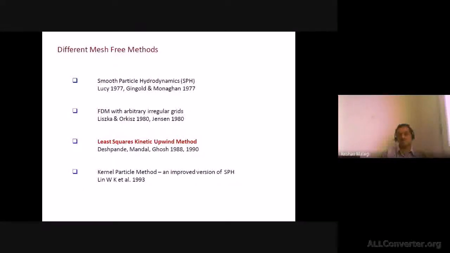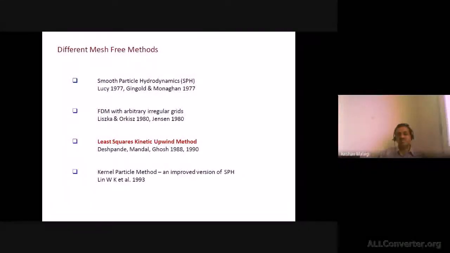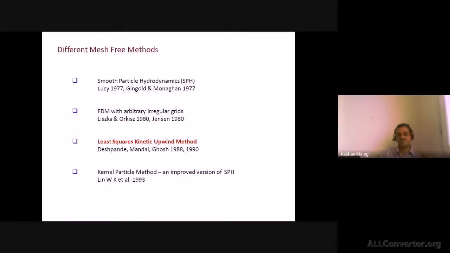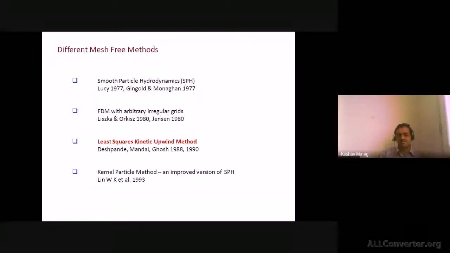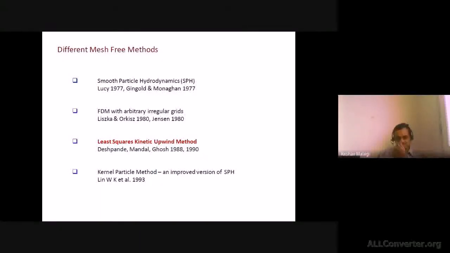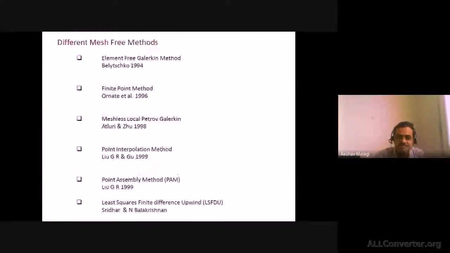Okay. So as I said, it starts with smooth particle hydrodynamics, and then these generalized finite differences of Liszka and Orkisz, and then our own LSKUM, least squares kinetic upwind method, starting development in 1988 and so on. And then kernel particle method.